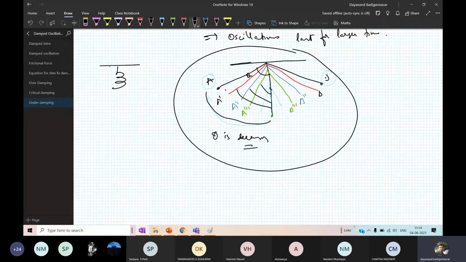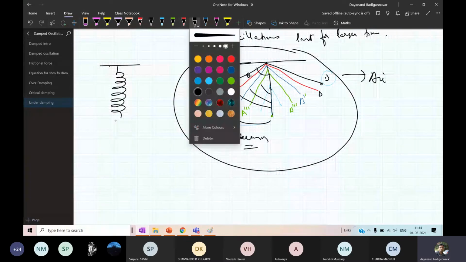in air. So this is in air. I'm talking about a spring mass system in air. So it is oscillating. I have to draw a bit larger so that it is helpful for you. So this is the spring mass system like this.